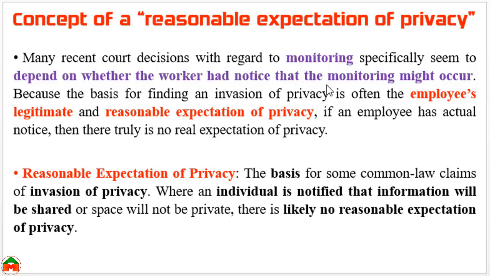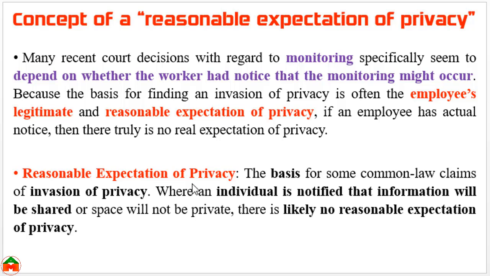This prior notice is essential because the basis for finding an invasion of privacy is often the employee's legitimate and reasonable expectation of privacy. If an employee has actual notice, then there truly is no real expectation of privacy. That means monitoring can be done, but before monitoring, there should be a notice to the worker so that it doesn't break the reasonable expectation of privacy.